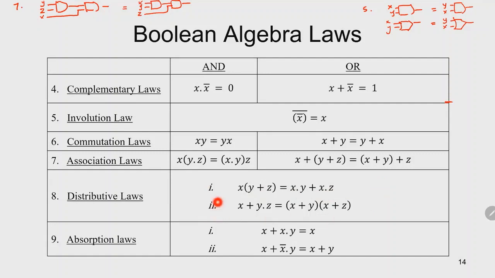The second one: x OR with y AND z, sorry, let's do this again. x OR with y AND z can be distributed into x OR y, AND with x OR z.